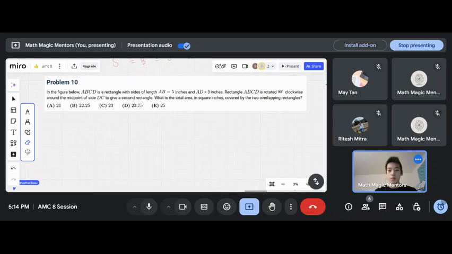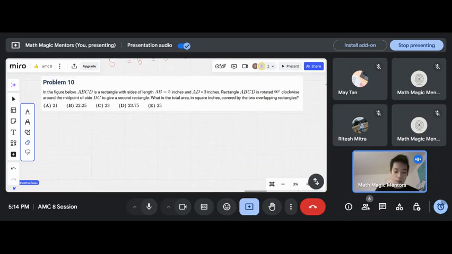All right, problem 10. In the figure, again, I'm going to draw the diagram. Sometimes it's a good thing to redraw the diagram on the scratch paper, especially in harder contests.